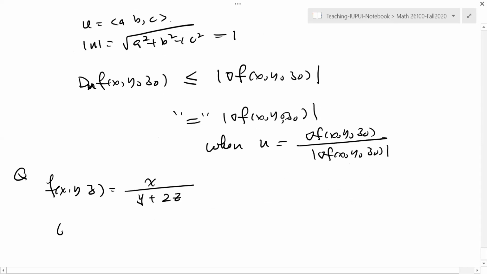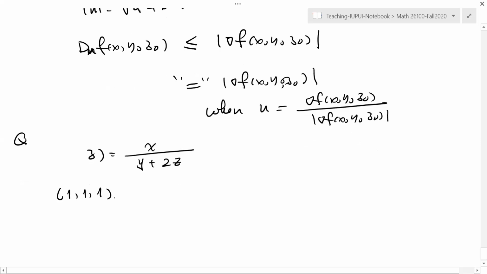The point is given. We want to find the maximum rate of change of f at that point, and also find the direction in which it occurs.